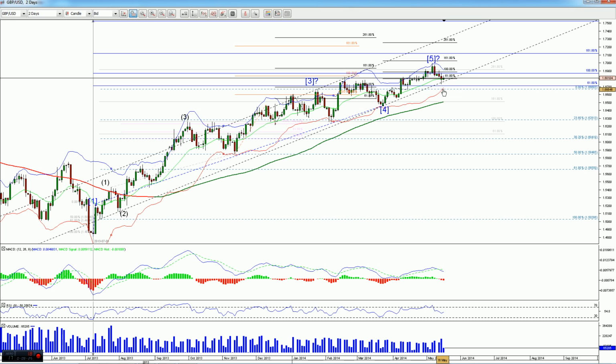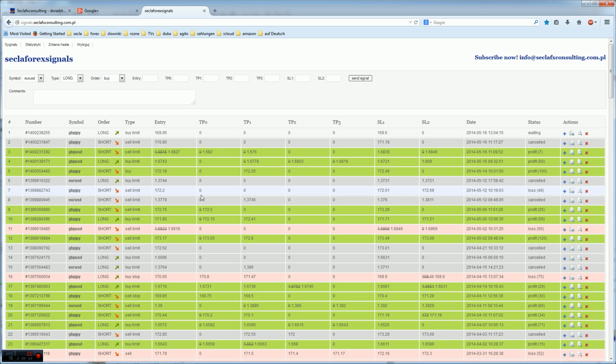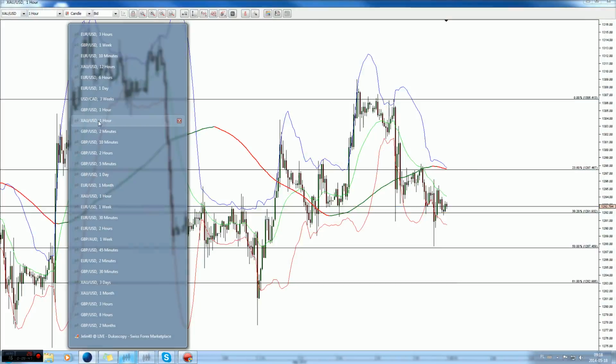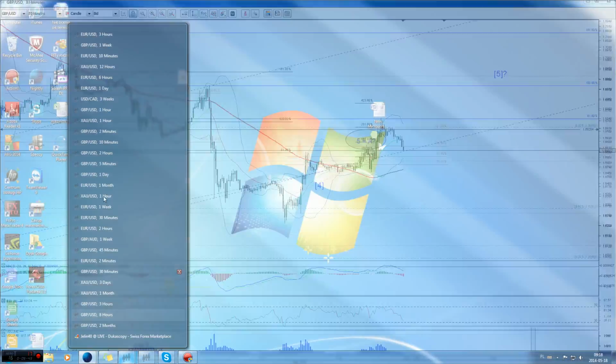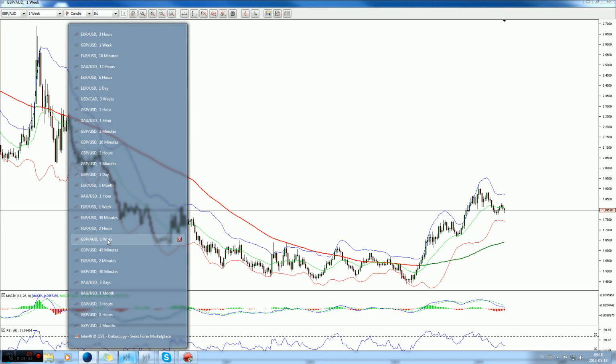It has reacted in this area, and actually one of my trades I've sent you was based on this situation as well. Let me show it to you. Okay, here we have it. This is this Great Britain Pound buy limit order from May 15th, and this was partially based on this situation as well, because I paid attention to what this daily candle did on that particular day.